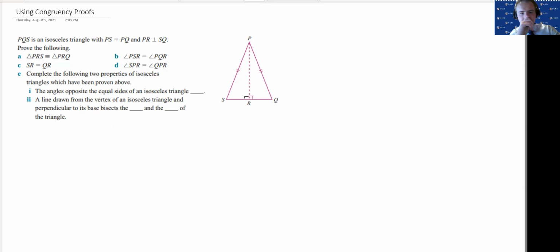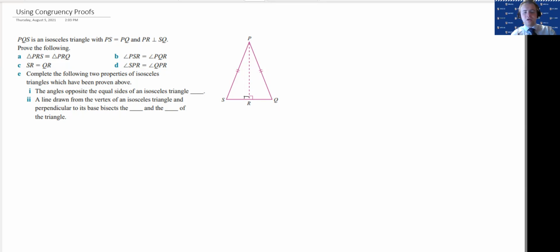So we're going to prove that PRS is congruent to PRQ. So we'll sort of cut this triangle into 2 smaller triangles, and we want to show that the 2 smaller triangles are congruent. If I have a look at what information I have, I'm told that PR and SQ are perpendicular, which means that PRQ is 90 degrees, but also that PRS is 90 degrees because it's perpendicular.